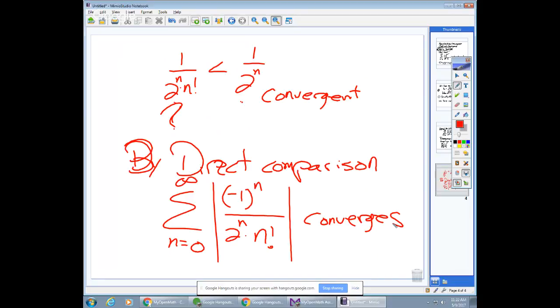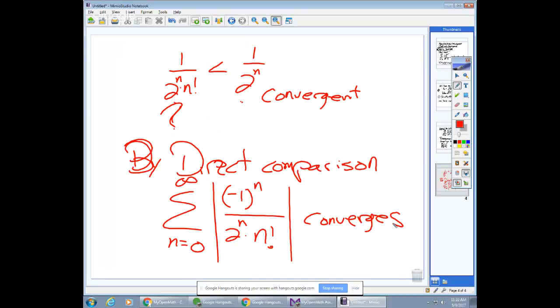Now, this tells me a couple of different things. The book says that means my original series, without the absolute value, with the alternating sign in there, is called an absolutely convergent series. Again, I've voiced my dissent. I don't like the phrase absolutely convergent. It's convergent in absolute value.